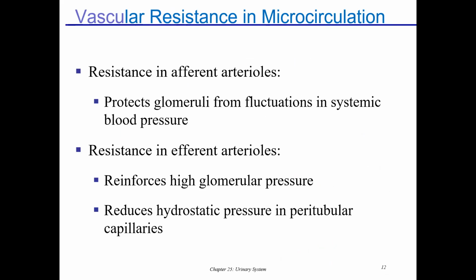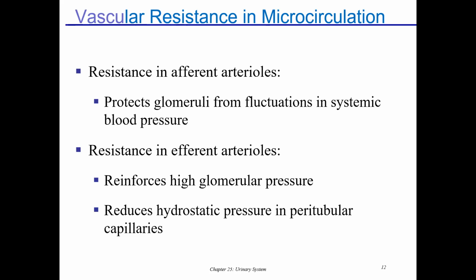Now, what makes the glomerulus work so well is that, first of all, the afferent arteriole is larger than the efferent arteriole. And we tend to maintain a pretty constant blood pressure in there, not the full-blown pressure like in the aorta at 120. We're probably around 60. And so we have some pretty good pushback from the arterial walls here.